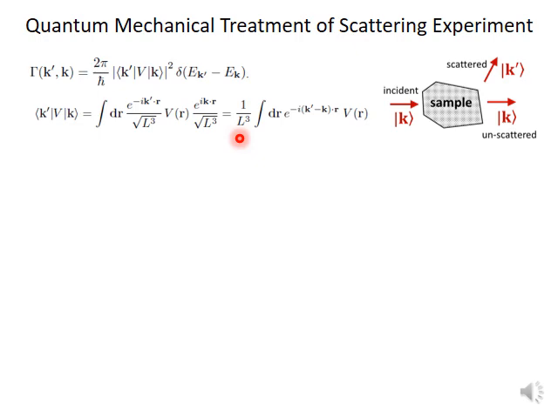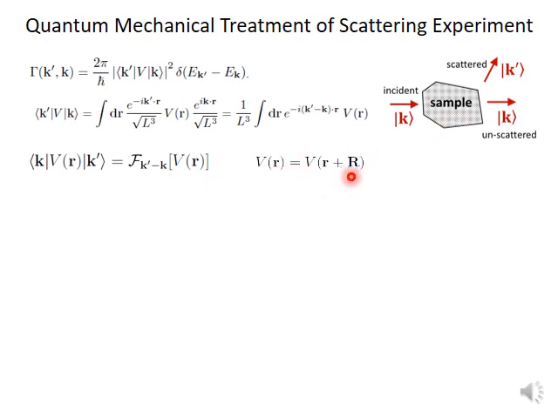If you look at this integral, it is a Fourier transform of the potential V of R. V of R is the potential of the crystal itself. So this matrix element can be viewed as a Fourier transform of the periodic potential, where of course this potential has a certain periodicity, the periodicity of the lattice or the crystal of the sample.